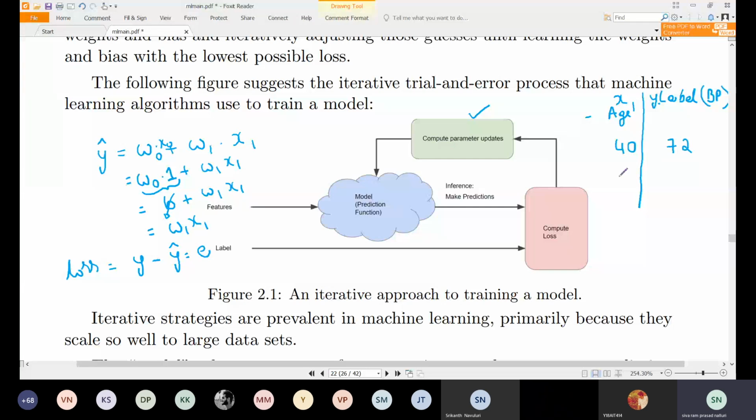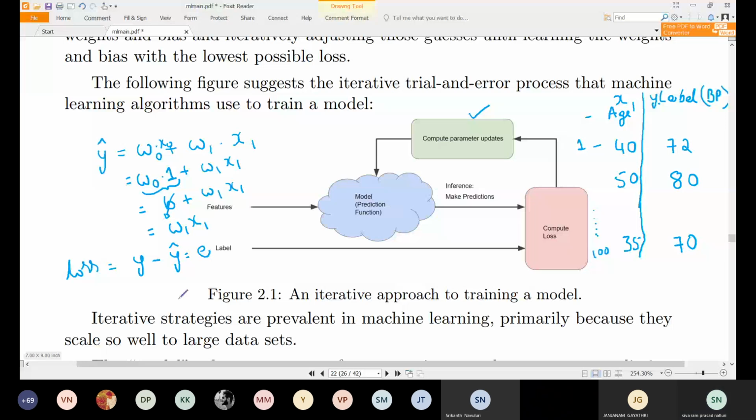Another person whose age is 50 and his actual BP is say 80. Like that. You have in your training data say 100 examples. This is first example. So last example, age of the person is 35. Let us say his blood pressure is 70.